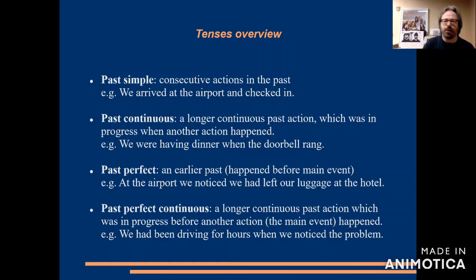Okay. Next up, the past perfect. This is in a way easier. An earlier thing in the past. At the airport, we noticed we had left our luggage at the hotel. And if you think back at our timeline, that makes sense, right? You have the fact where you are at the hotel.